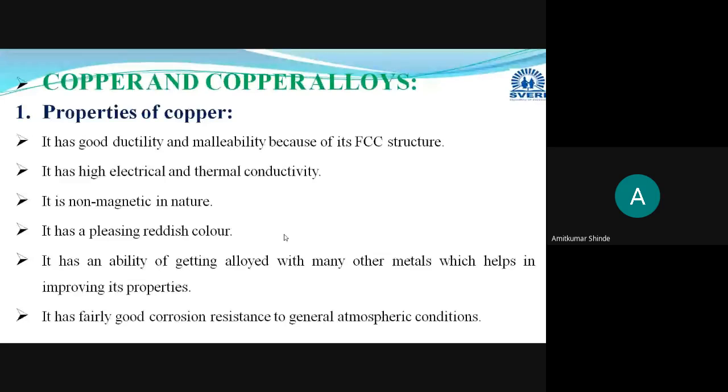Suppose tin is the alloying element in the copper, then it will be termed as tin bronze. If beryllium is the alloying element in the copper, it will be termed as a beryllium bronze. If aluminium is the alloying element in the copper, it will be termed as aluminium bronze. If nickel is the alloying element in the copper, then it will be termed as nickel bronze.